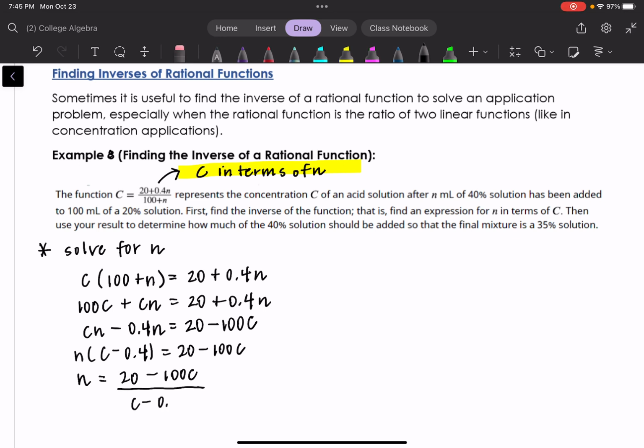And now, notice I have solved for n in terms of c. And that means that we're done. This is the inverse of the function that we were given originally. Right?